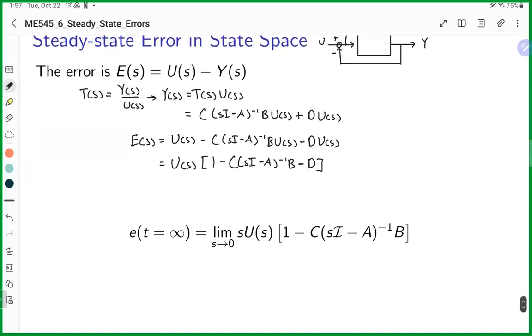And then we apply the final value theorem to get this form.